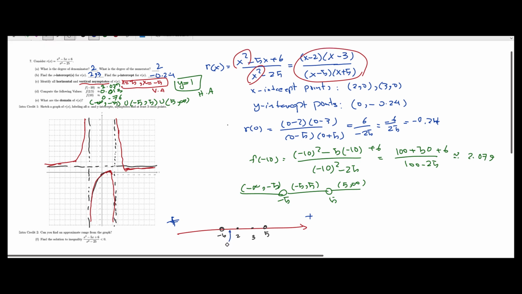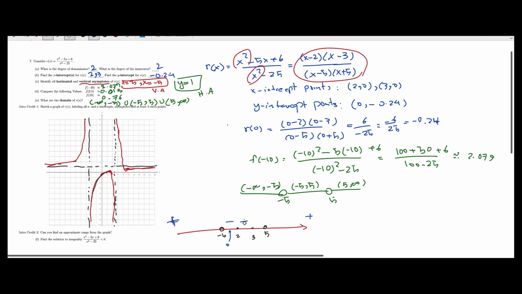Let's say the test point is 0, and the value of the function at 0, I sort of know what that is because I just computed that when I was doing the y-intercept, and the y-intercept was a negative value. Or I could have said that -5, even though it's a zero of the denominator, is of odd order, therefore the sign has to change from positive to negative.